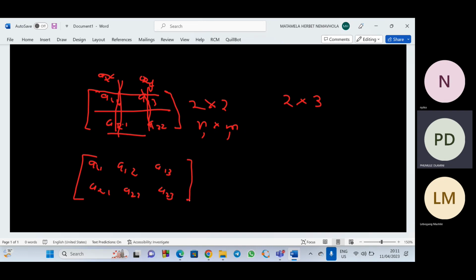Everything inside there is a coefficient of the matrix.